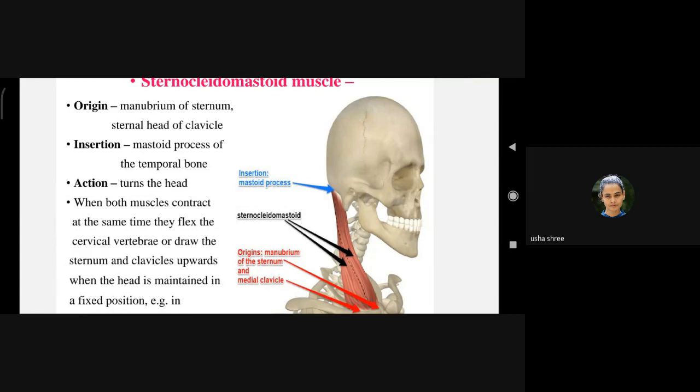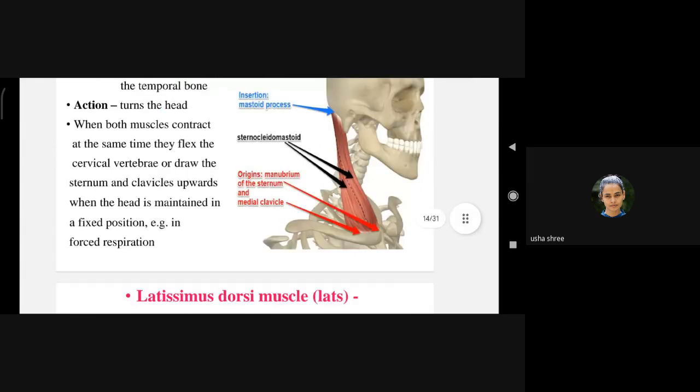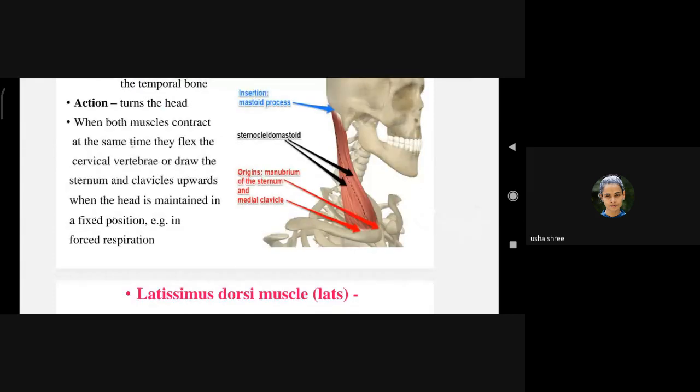So it originates from the sternum and is inserted into the mastoid process of the temporal bone, and its actions are huge. It turns the head. When we turn our head, we can feel our sternocleidomastoid muscle.